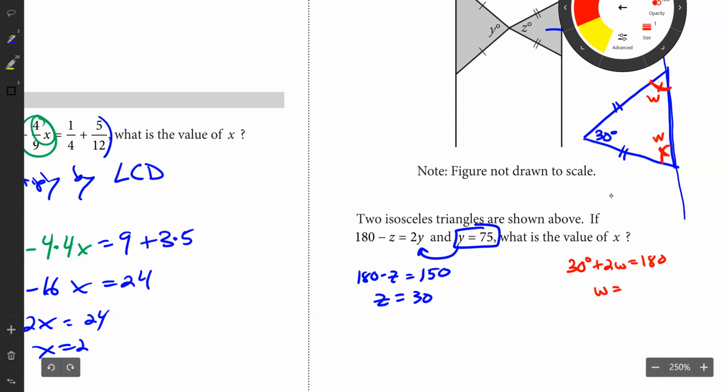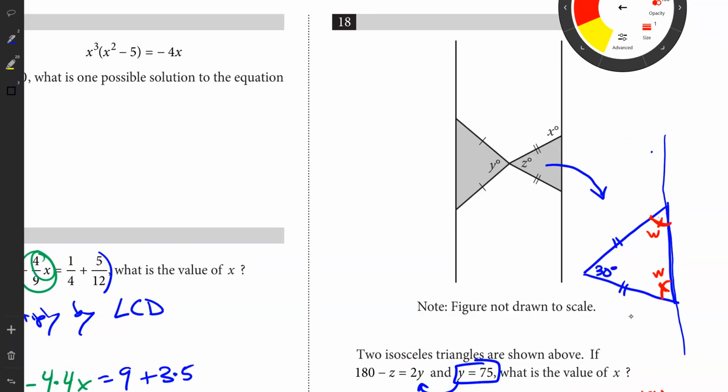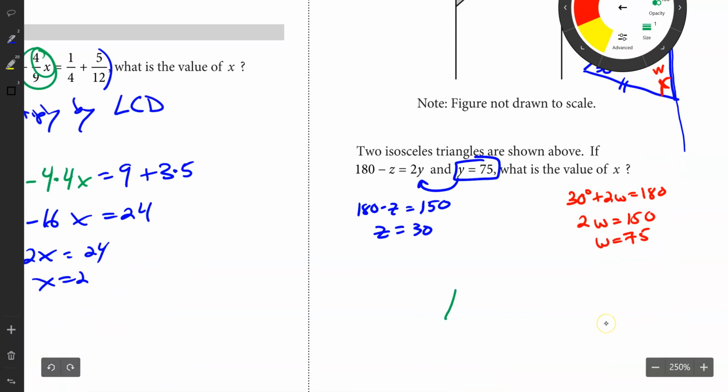So 2w equals 150, w equals 75. All right, and because w is 75, then we know that this angle right here, x degrees, and this one form a straight line, right? So this is going to be 180 minus 75 because they form a straight angle. So that would be 105. So 105 degrees is our final answer.